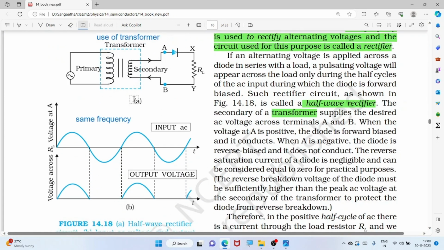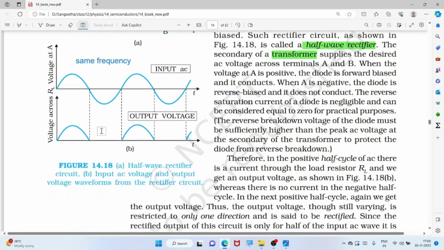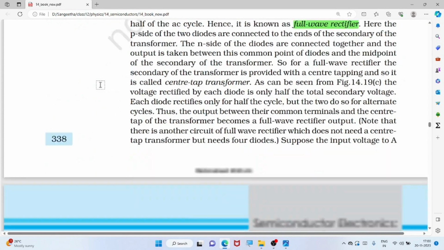See, for the half wave rectifier, the output frequency is the same as the input frequency because the wave repeats with the same time interval. This is one cycle, and here also one cycle repeats in the same time interval, so the frequency will be the same. 1 by period is the frequency.